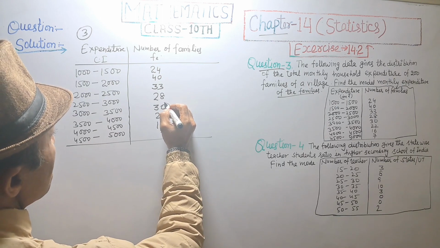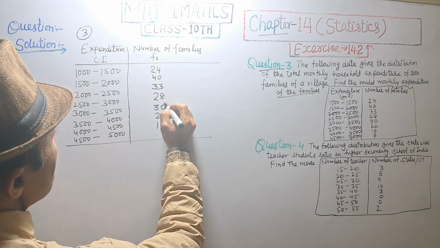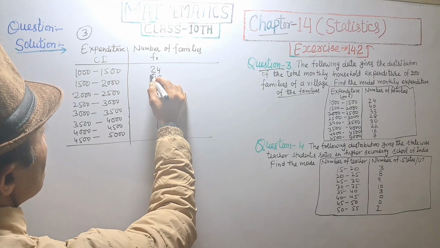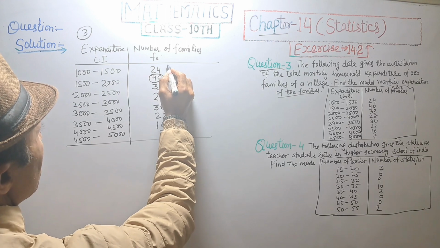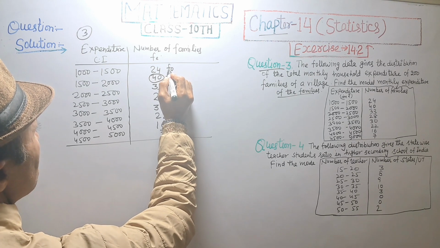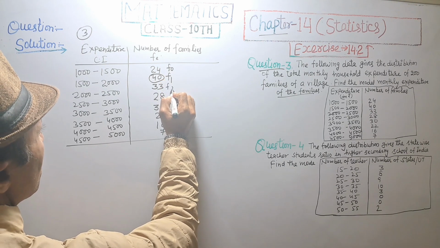Highest number in frequency is 40, that is F1, and that is F0, F2.